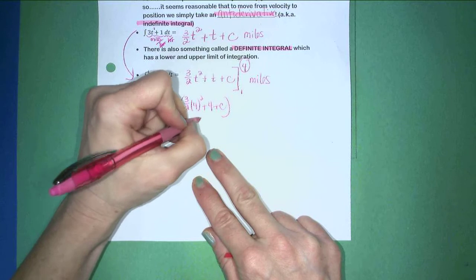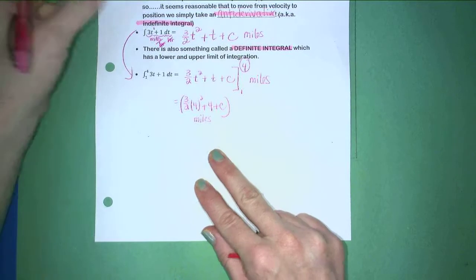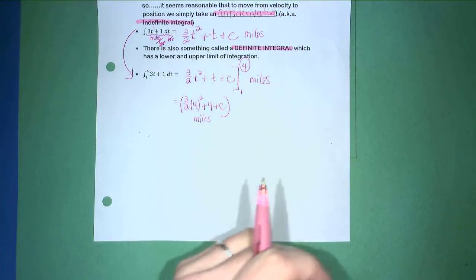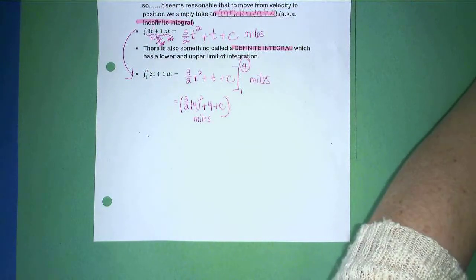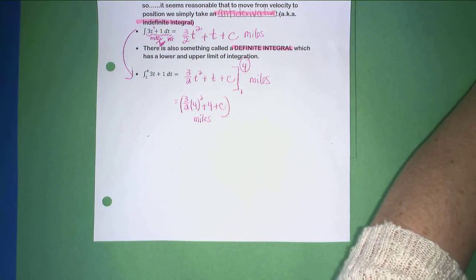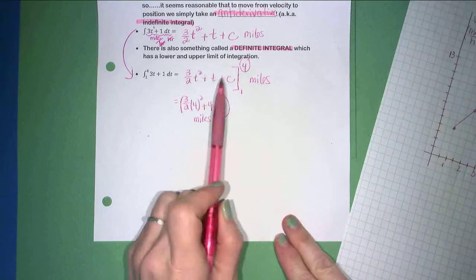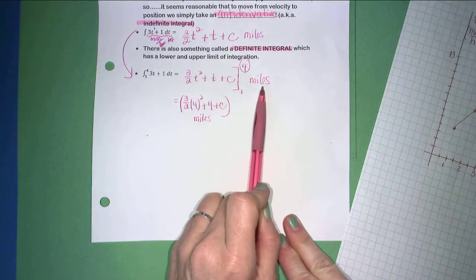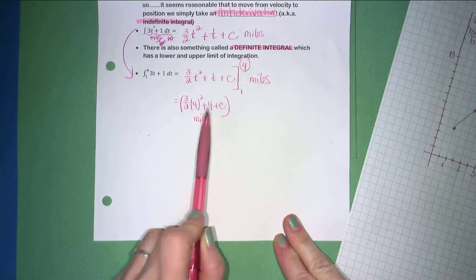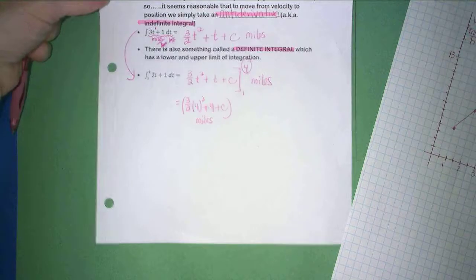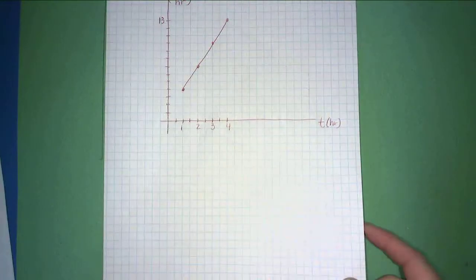And I actually want to go to my next graph here to show you what that represents. So basically, if this is going to give me my miles traveled, and I plug a 4 into it, what that is essentially giving me, guys, is this. Here's that same graph, 3t plus 1, okay?